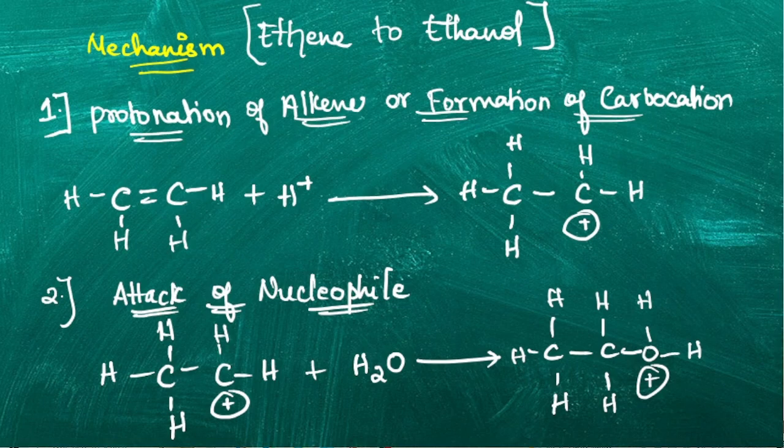Now listen carefully here, a very important step. You are going to remove that cation, that is, you are going to remove that proton. If you have to remove the proton, the third step is called deprotonation.